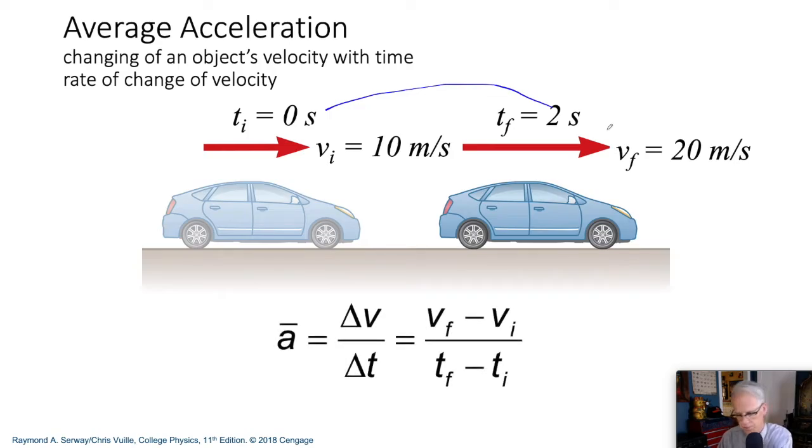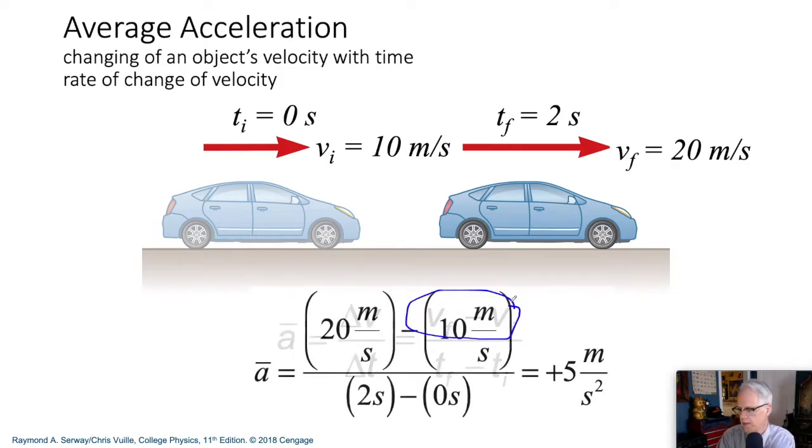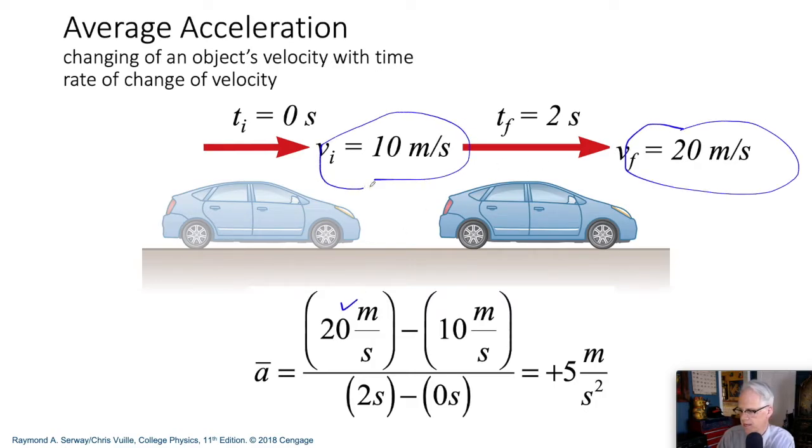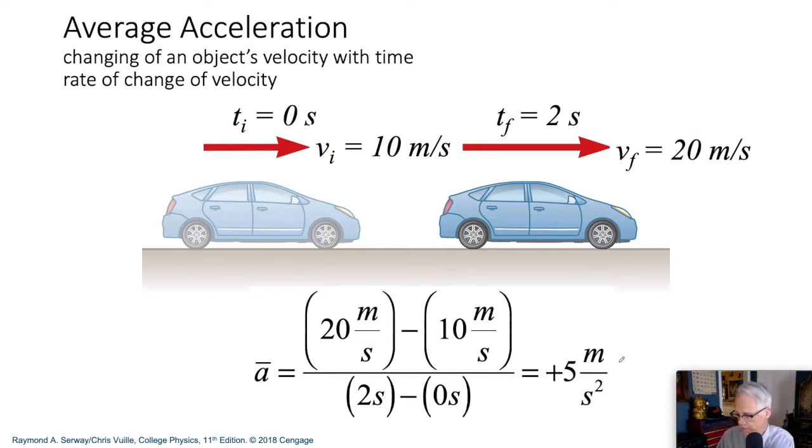Well, let's plug that into our equation. Our change in velocity up here will be 20 final minus 10 initial. And then on the bottom, it's just 2 seconds minus 0 seconds, and we get positive 5 meters per second per second.